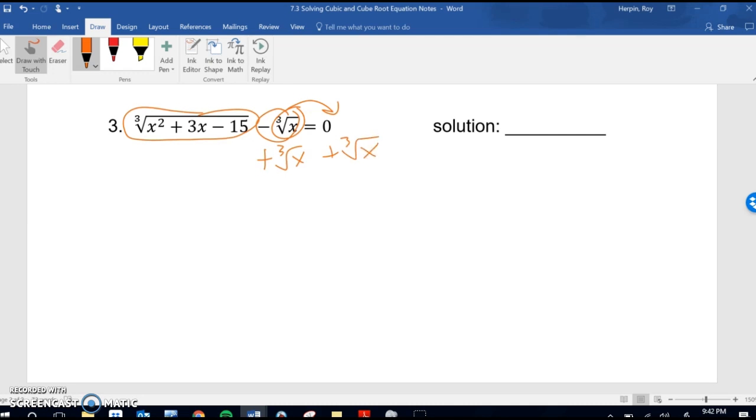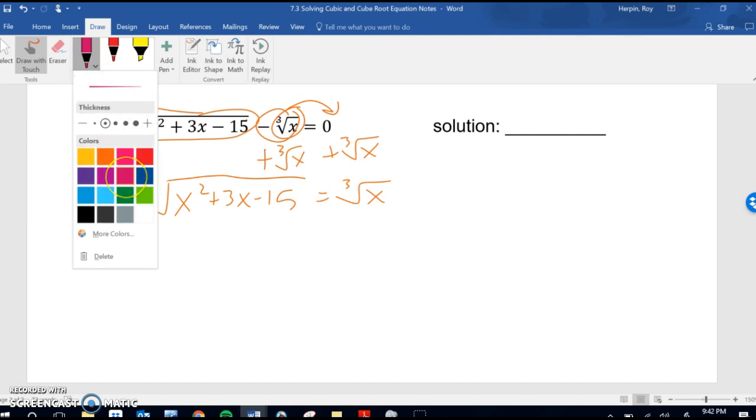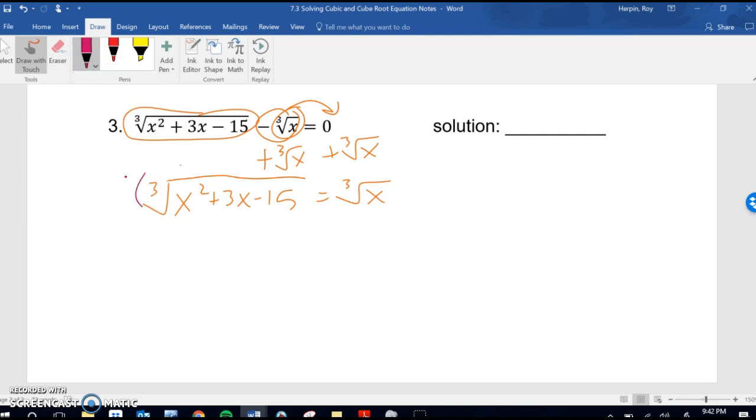So now on the left I have the cube root of (x squared plus 3x minus 15) equals the cube root of x. Now this is like what a lot of you guys said were the easy ones on the last unit, because all you have to do, because it's isolated, is cube both sides. Now that cancels and that cancels. Now all that's left is x squared plus 3x minus 15 equals x.